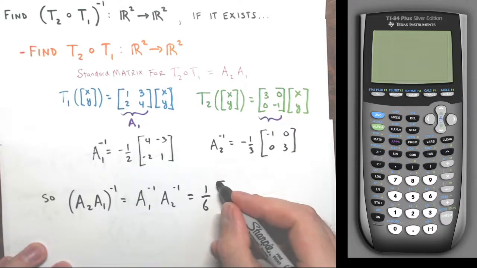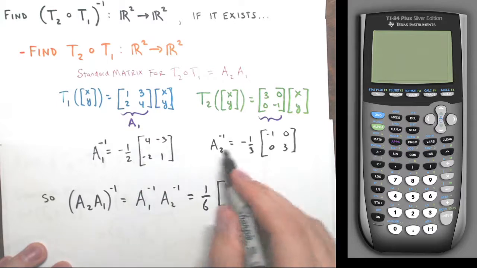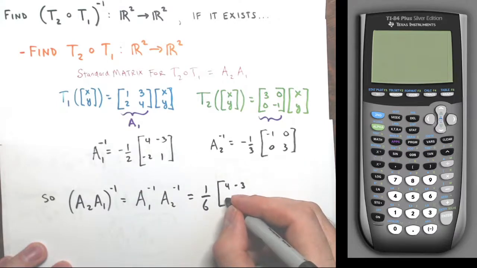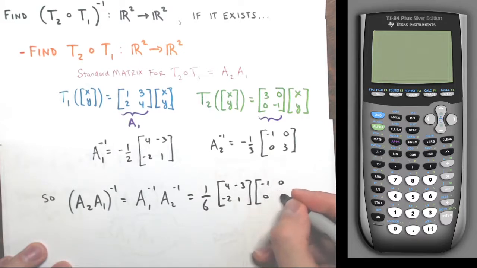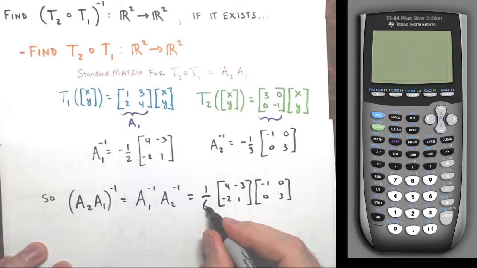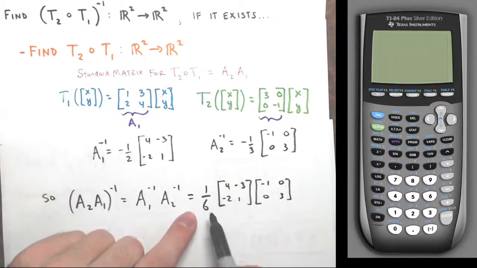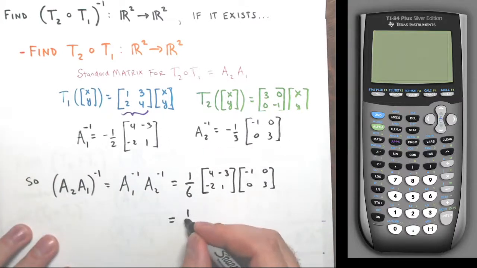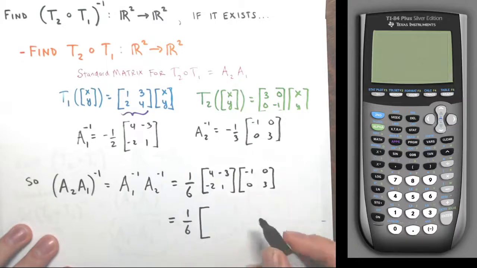Then I'll multiply the 2 by 2s in the order A1 inverse, A2 inverse: -2, 1 multiplied by -1, 0, 0, 3. Remember, you can move scalars around in matrix multiplication. So I'm getting 1/6 times a 2 by 2 times a 2 by 2, which gives another 2 by 2.